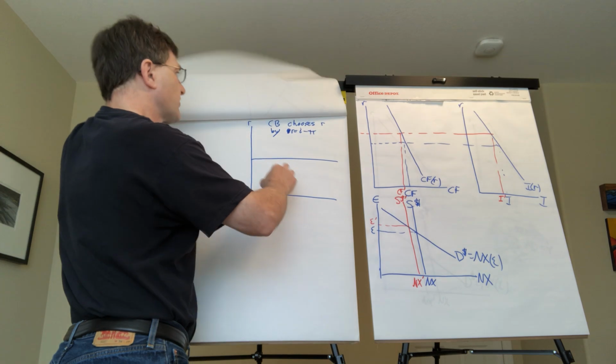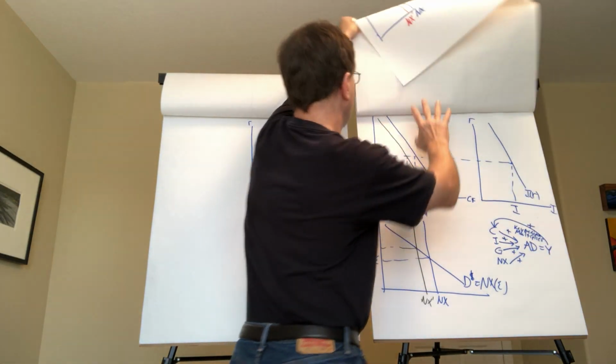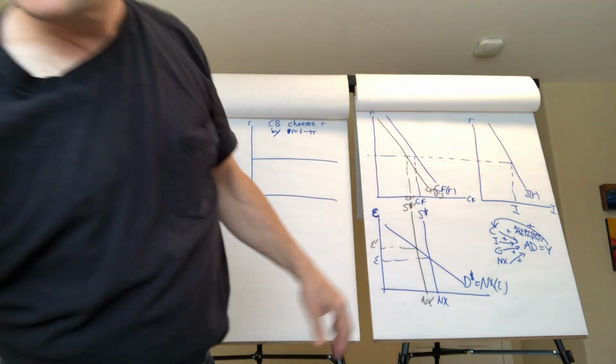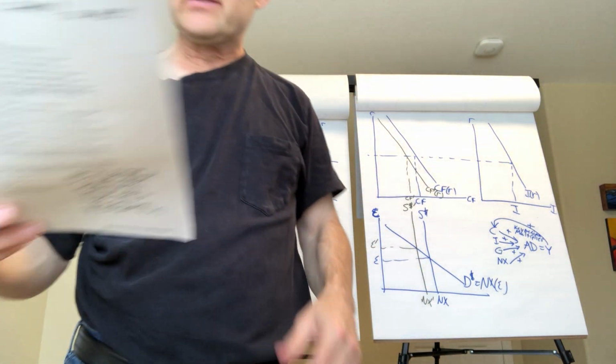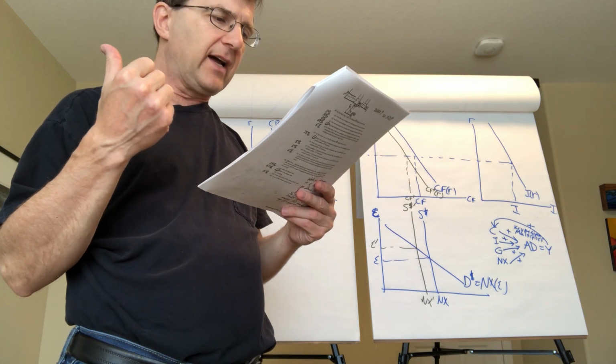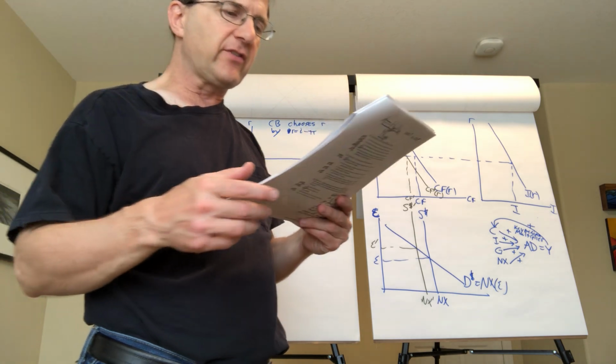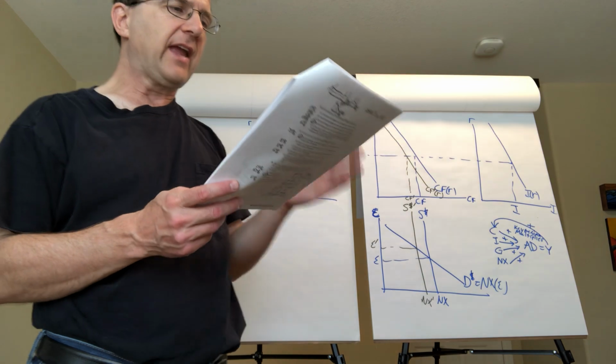So the answer is no change. Let's see what our answer categories are. We've got increase, decrease. We have to go to answer E: at least one stays unchanged, or the direction of movement is ambiguous. So we go with answer E.